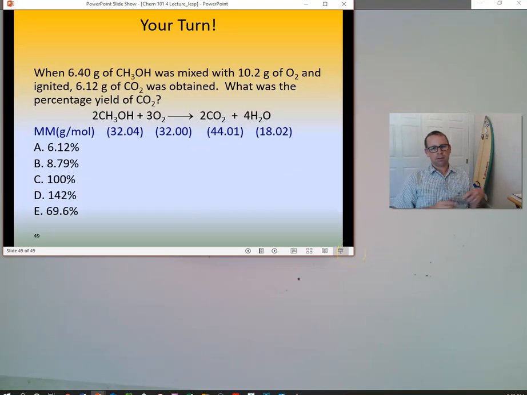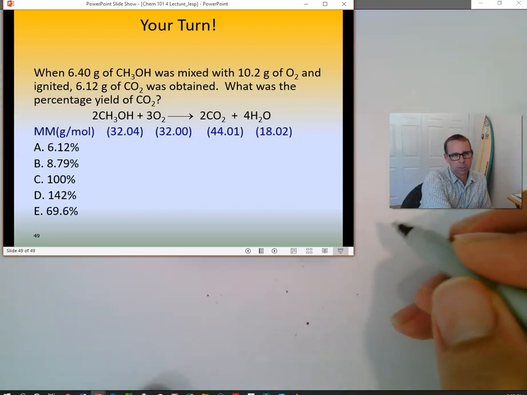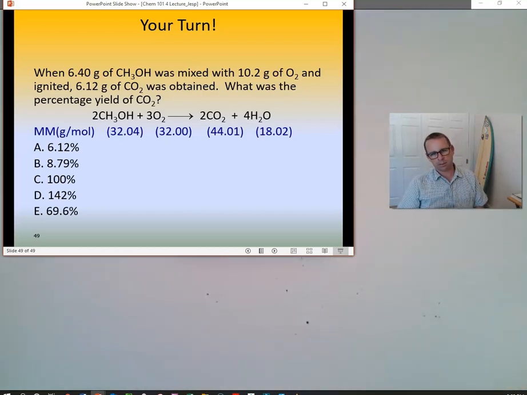And this is also a limiting reagent problem because it's telling us 10.2 grams of oxygen gas and 6.12 grams of carbon dioxide. All right. So I'm going to let those watching at home identify how many grams of carbon dioxide they expect. If we take the 10.2 grams of oxygen, can you tell me how many grams of carbon dioxide I would expect?